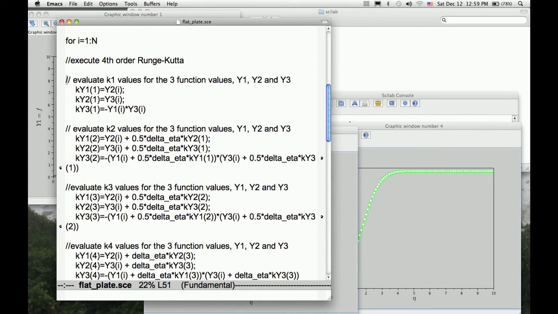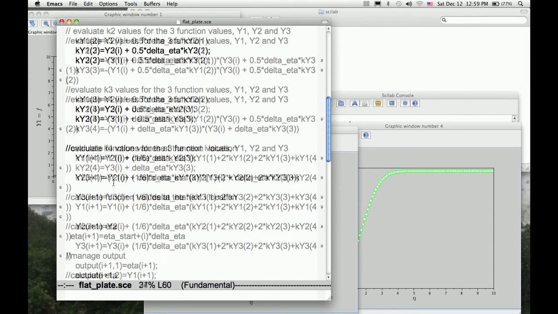Once I get this, I again come to this point where I say ky1 3, which is nothing but y2 plus 0.5 delta eta ky2 2. ky2 2 I get from the previous step. Then ky2 3 is y3 plus 0.5 delta eta ky3 2, and ky3 3 is simply y1 plus 0.5 delta eta ky1 2, plus y3 is ky2.